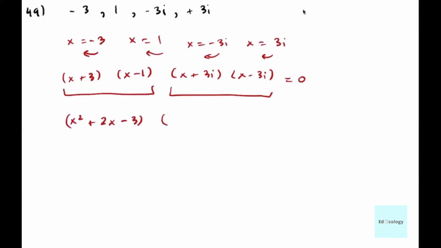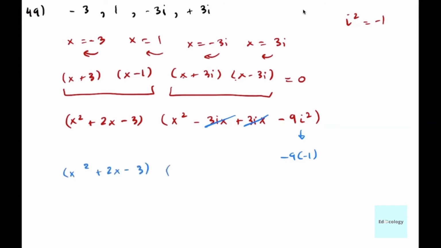Then here, multiply x by x, so x squared, then x by negative 3i, which will be negative 3ix, then 3i and x, so plus 3ix, then 3i and negative 3i, which will become negative 9 times i squared. We know that i squared is equal to negative 1. So here you multiply negative 9 by negative 1, and here these cancel each other out. So you will get x squared plus 2x minus 3 times x squared plus 9.